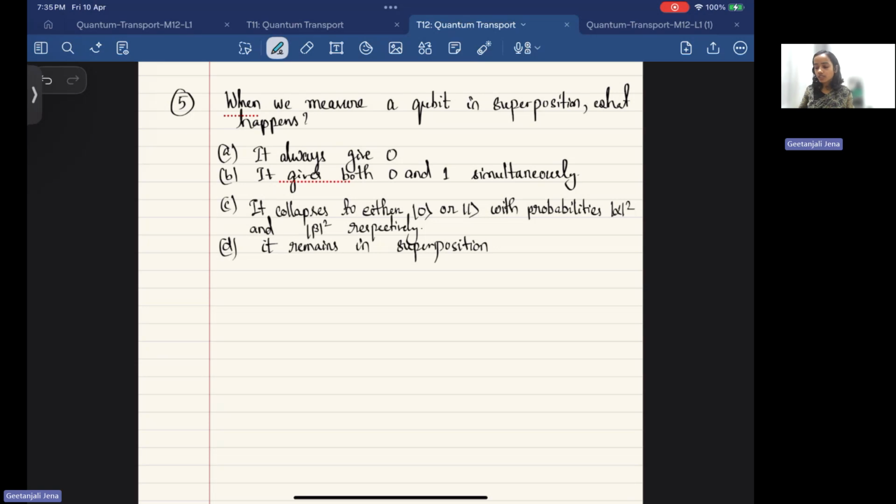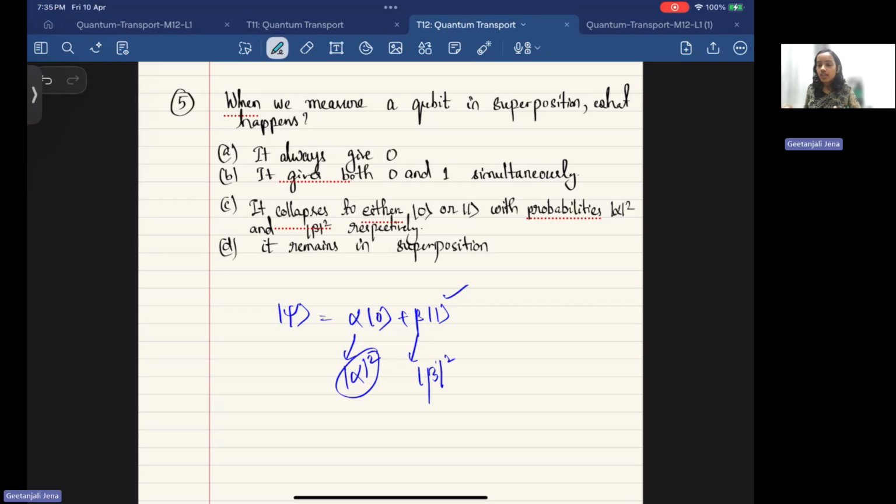So what happens when we measure the qubit in superposition? We say that in a qubit we can write psi is alpha times 0 plus beta times 1. It's in the superposition state. And if you take the square of it, they give the probability that we'll get a state. So alpha square is the probability that we get a 0 state, and beta square is the probability that we will get a 1 state. And when we do the measurement, it's not like we'll get both states.